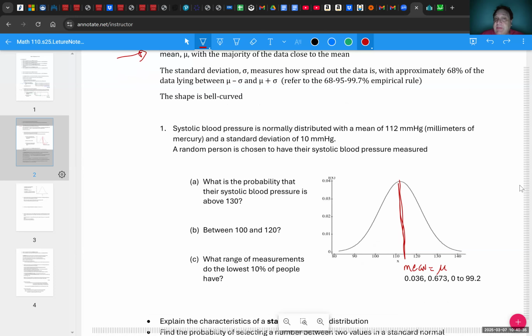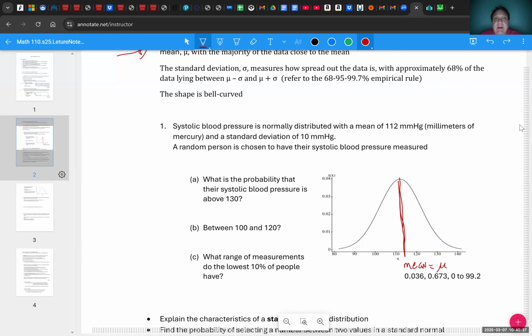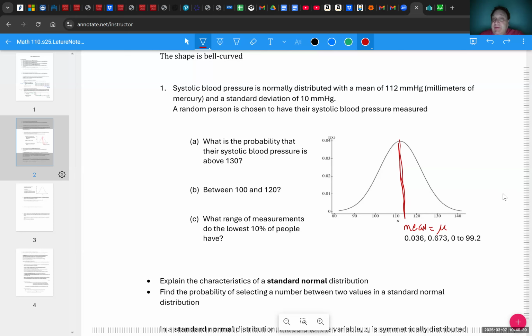Systolic blood pressure, the number on top, is normally distributed with a mean of 112 mmHg, which stands for millimeters of mercury, and a standard deviation of 10. Some person is chosen at random to have their systolic blood pressure measured. I've drawn here the shape of the normal distribution of blood pressure. You can see the middle number is right around 112, that's the mean.